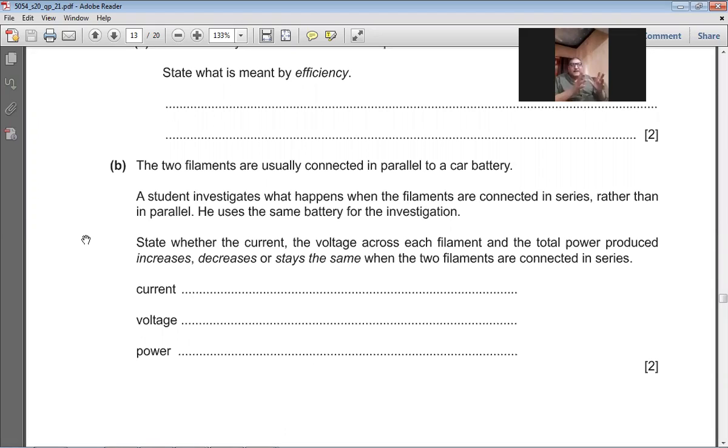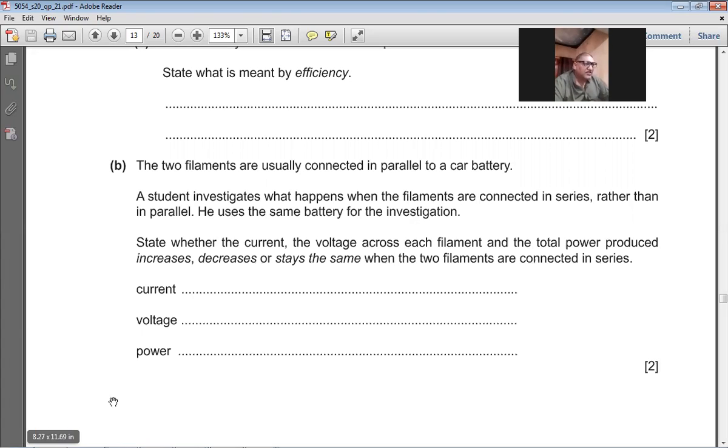So they are normally connected in parallel to each other, but if you connect them in series with each other like this. State whether the current, the voltage across each filament, and the total power produced increases, decreases, or stays the same when the two filaments are connected in series.